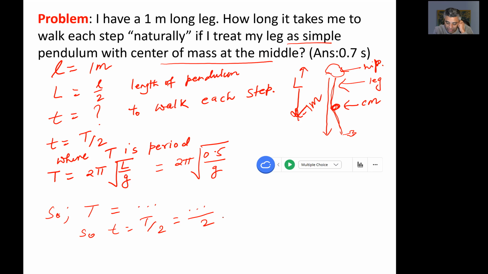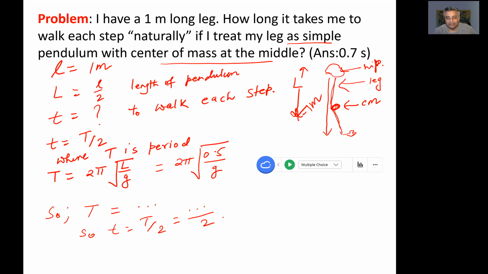You guys need to check, but the way I'm doing it, it is correct, okay? So if you have a long leg, your period is larger. And if you have a shorter leg, of course, shorter.